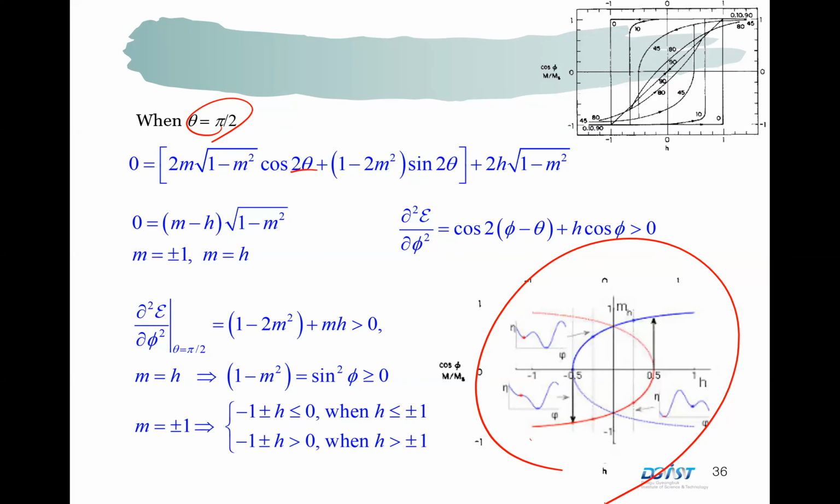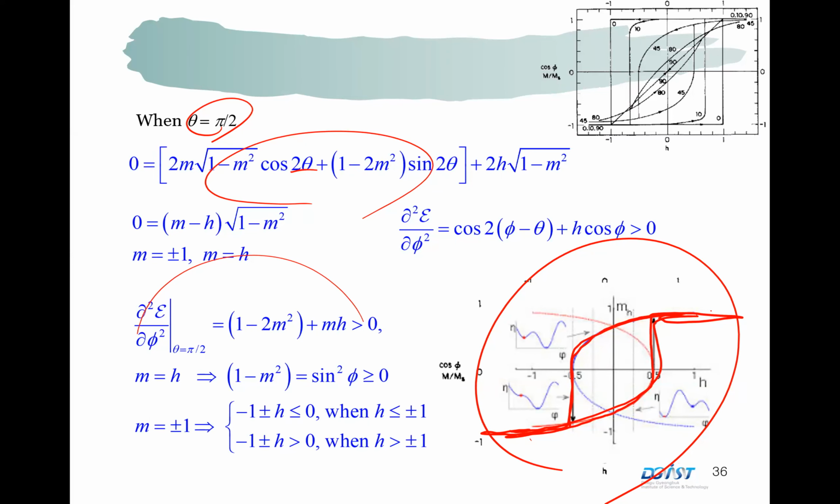And in a more general case, this equation shows such a curve. They have a switching here and saturate and come back, and then switch here. So we have a general shape of the loops. Okay, so this Stoner-Wohlfarth model can describe the basic behavior of the magnetization.